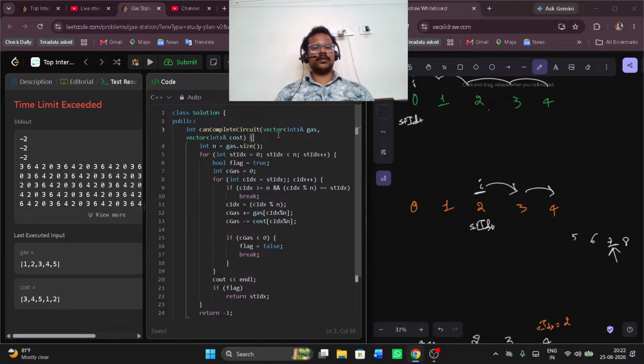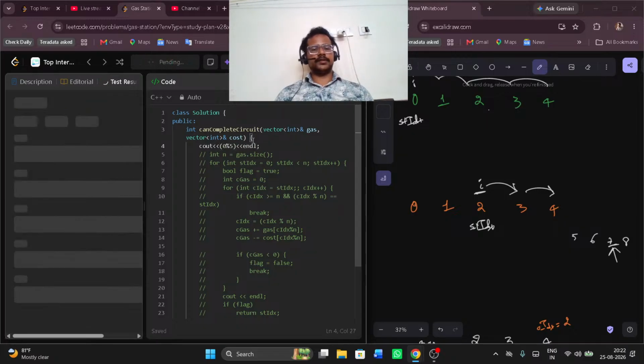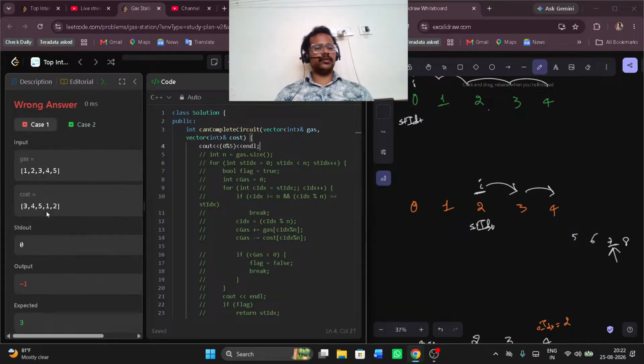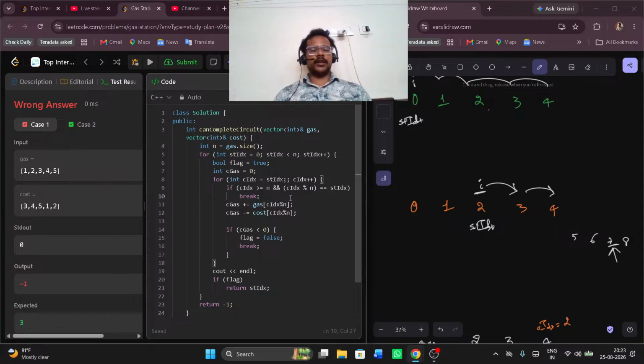Let's just return -1 here for once. Print 0 mod 5 and let's see what it will return. 0. Okay, that's great. Now we are at the current point. If the current index is greater than or equal to n and current index mod n is equal to start index, we'll just break.